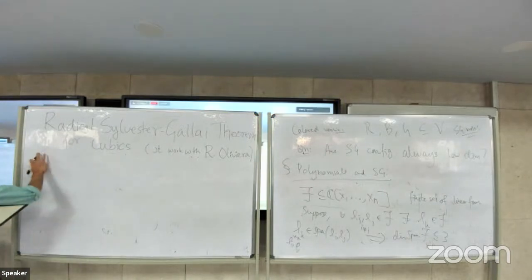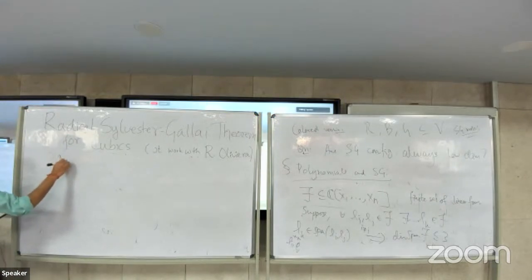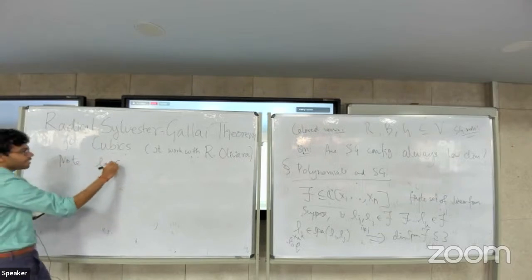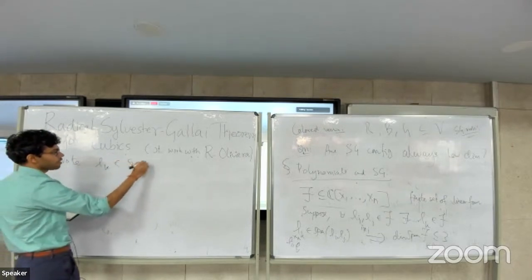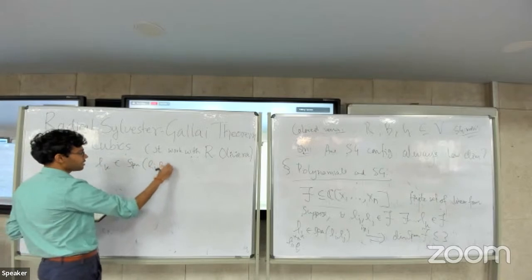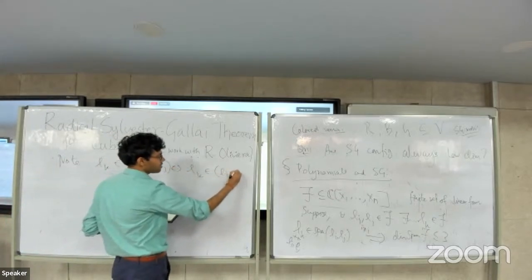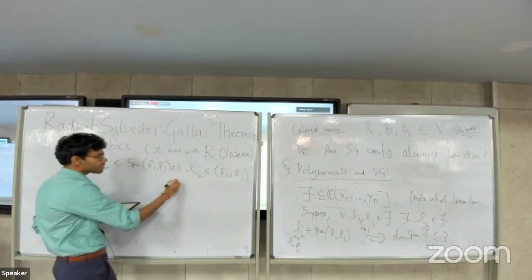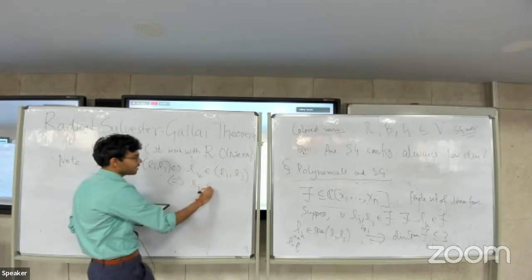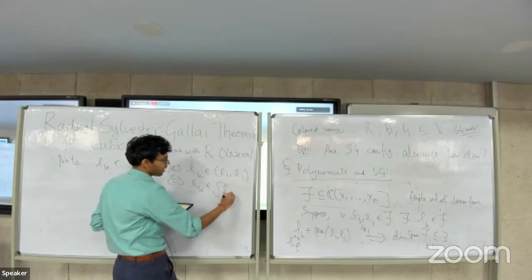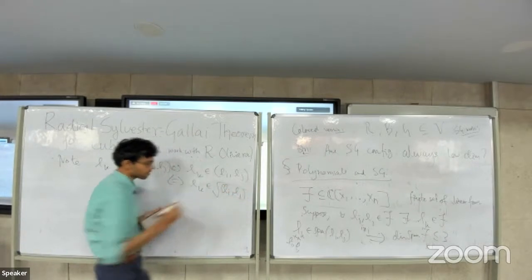Now what is the condition we're looking at? Note that Lk is in the span of Li, Lj. It is the same as saying Lk is in the ideal of Li, Lj, which is also the same as saying Lk is in the radical of the ideal (Li, Lj).